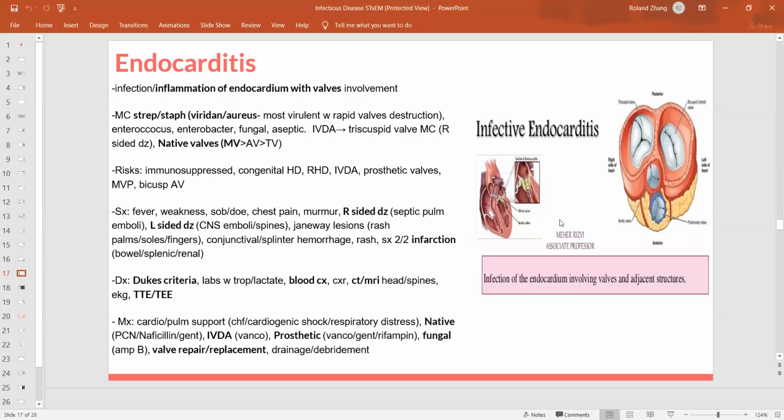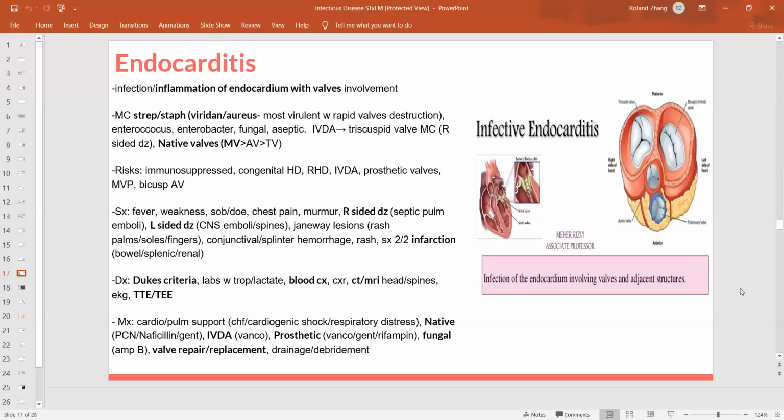The other thing you worry about is possible involvement of the extremity, because with right-sided you see leg edema, and maybe also congestion of the liver. But oftentimes they're short of breath, they have chest pain, they have a murmur.